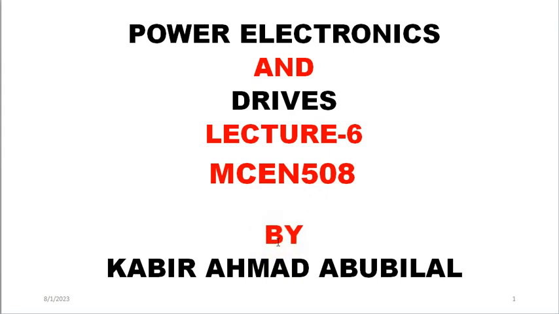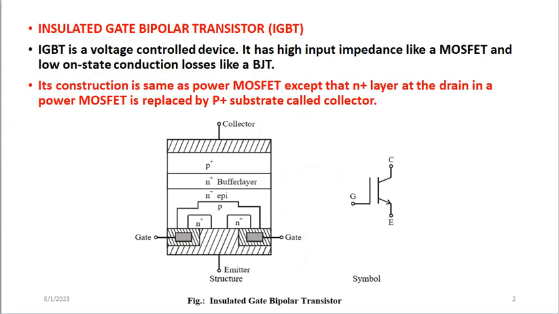MCEN508. My name is Kabir Ahmad Abu Bilal, and today we'll be looking at the IGBT, that is, the insulated gate bipolar transistor. This is just like other transistors, or like the MOSFET rather, because it is a voltage-controlled device, meaning it is the voltage applied to the gate that controls its operation.